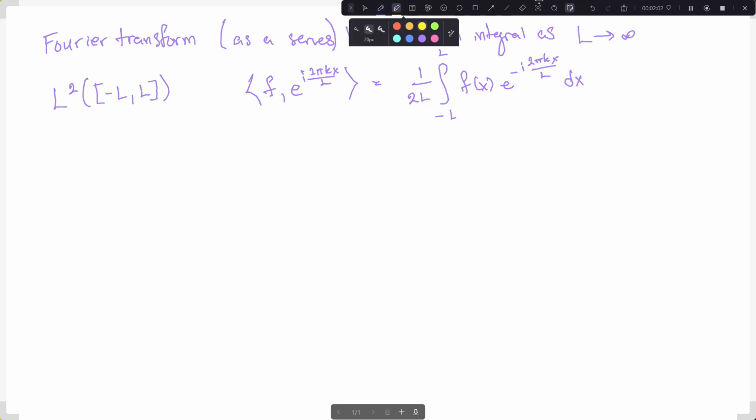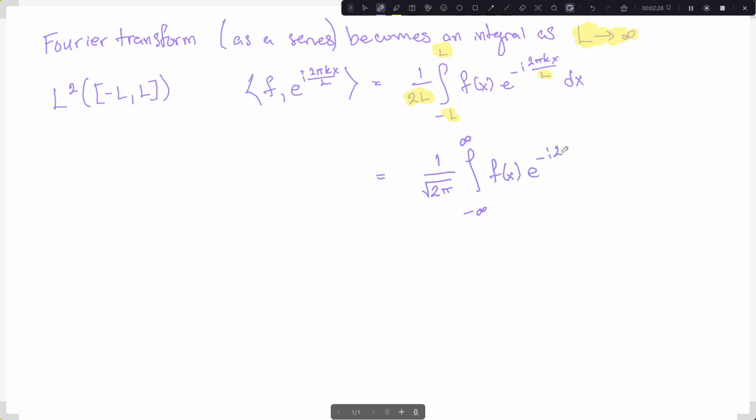If I end up taking L to infinity right there, right there, right there, and right there, then what I get is 1 divided by root 2 pi integral minus infinity to infinity f of x e to the minus I 2 pi kx dx.